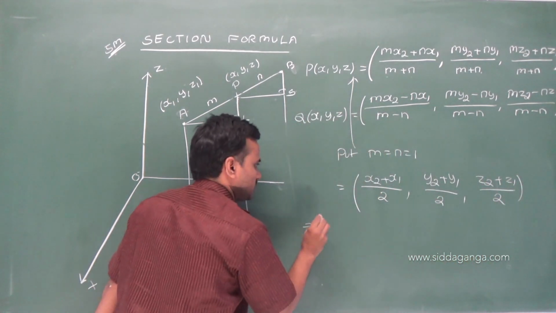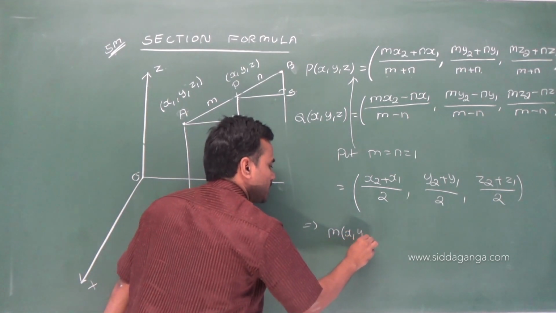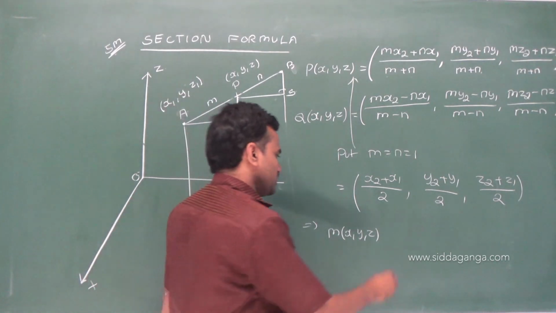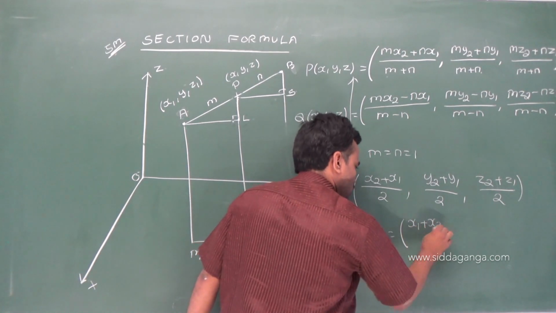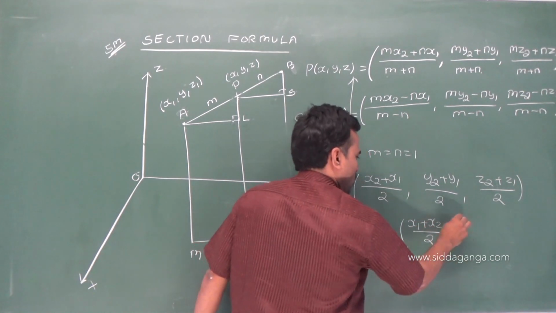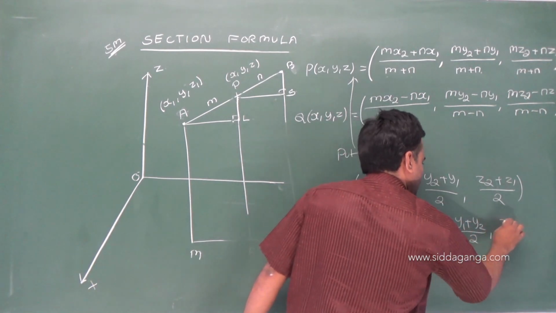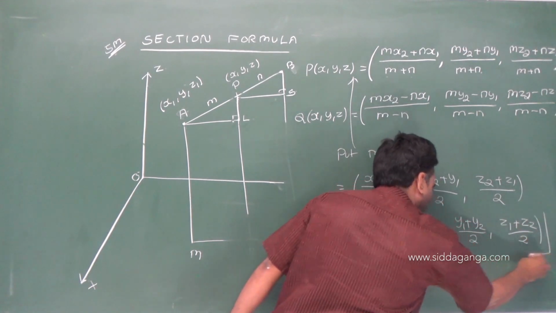That implies M of x comma y comma z is equal to x1 plus x2 divided by 2, y1 plus y2 divided by 2, z1 plus z2 divided by 2. This is one more formula.